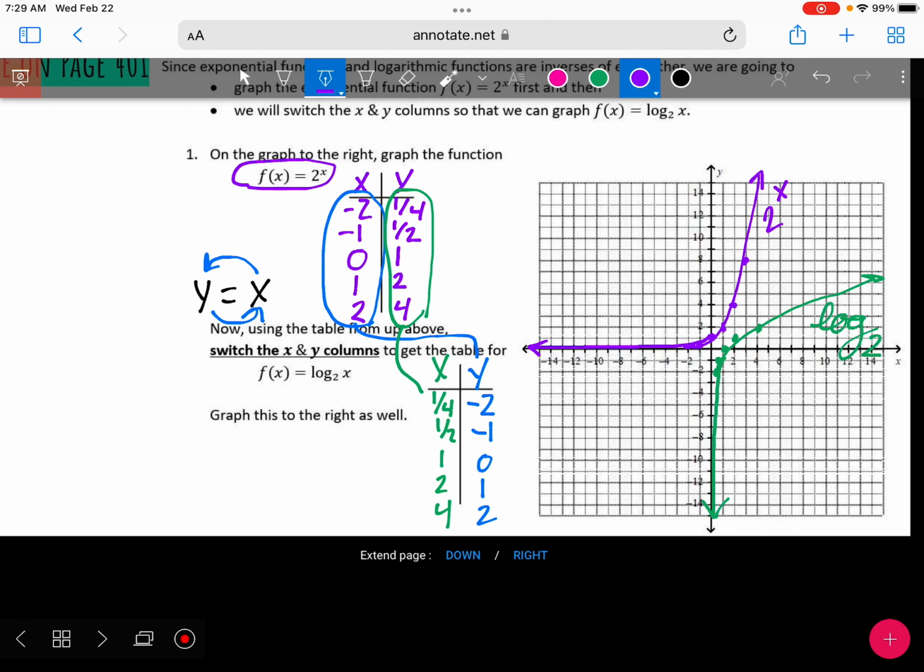Does the green graph still have an asymptote? Yes. Is it a horizontal asymptote? No. It now has a vertical one.